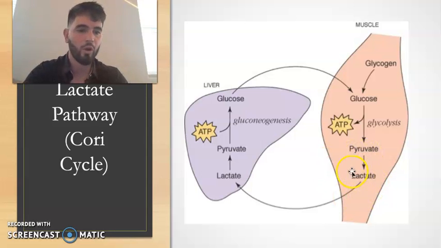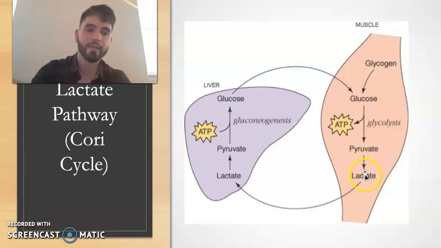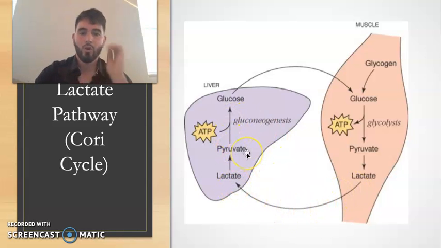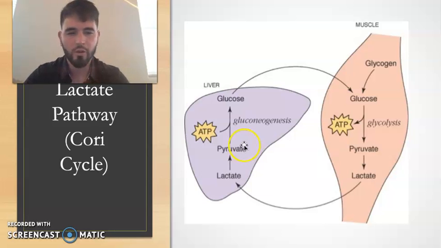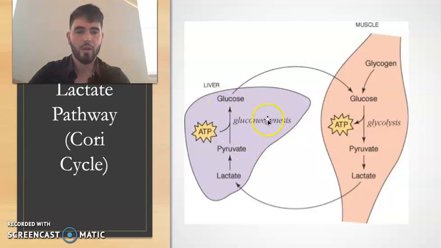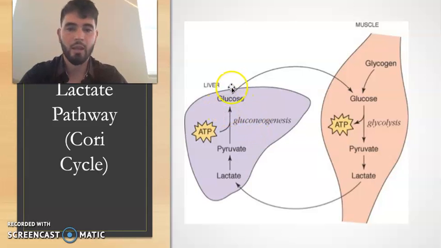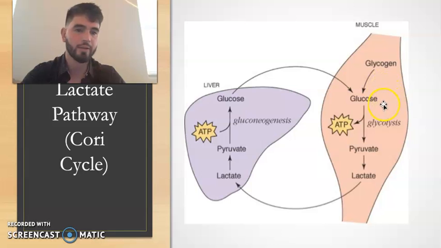Without oxygen present, it turns into lactate, and then this lactate goes through the bloodstream, this little arrow right here, into our liver, where it goes through a process called gluconeogenesis. There, lactate gets turned back into pyruvate, and this pyruvate then gets turned back into glucose, and again through the bloodstream is transferred back to the muscle.